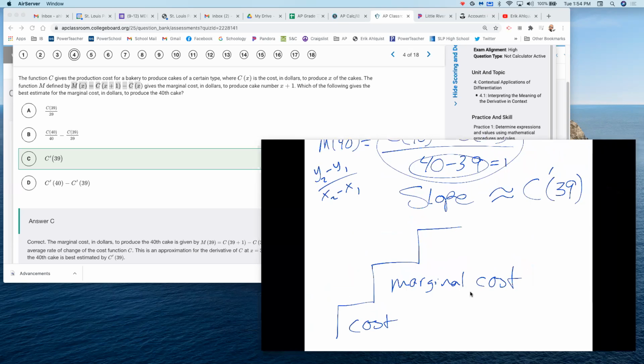Marginal cost is the cost to produce one more thing. Like if you were a t-shirt manufacturer and you sold 200 t-shirts, and you want to know how much more is it going to cost me to produce one more? That would be the marginal cost. The marginal cost is the dollars.